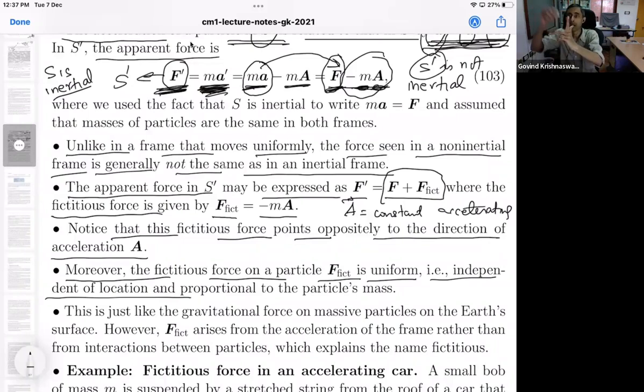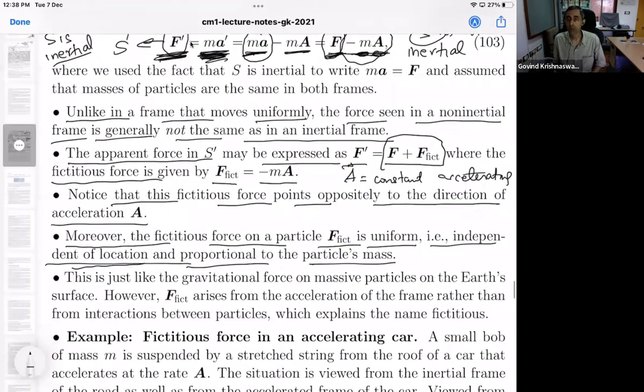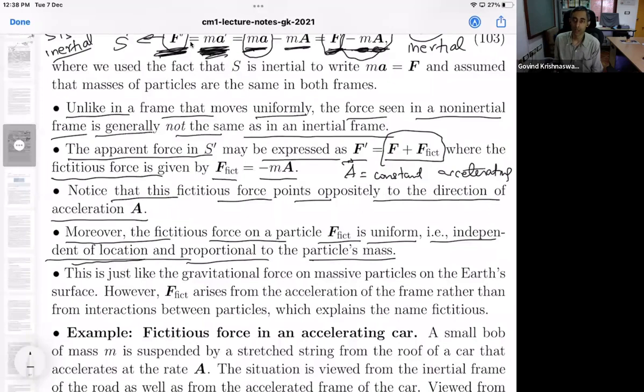Whether the particle is here, there, everywhere, the fictitious force is one and the same. It only depends on the acceleration of the frame, not on the location of the particle. That is the point being made. It is independent of location, but proportional to the particle's mass. So these are the two features I want to highlight: the fictitious force points opposite to the acceleration of the frame, is independent of location, and is proportional to the particle's mass, here inertial mass.